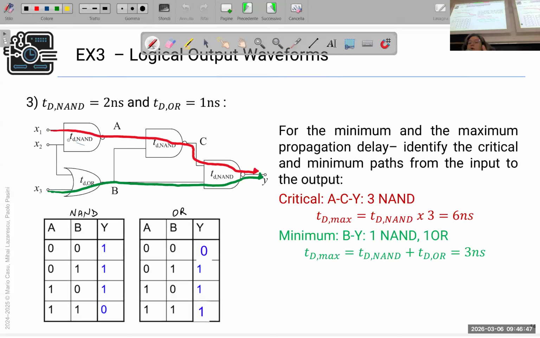There are only 2 gates, and one is an OR, which is just 1 nanosecond of delay, and the NAND has 2 nanoseconds, for a total of 3 nanoseconds. We have to find the path that goes from the input to the output, the longer and the shorter. Do you find any path here? Any other?